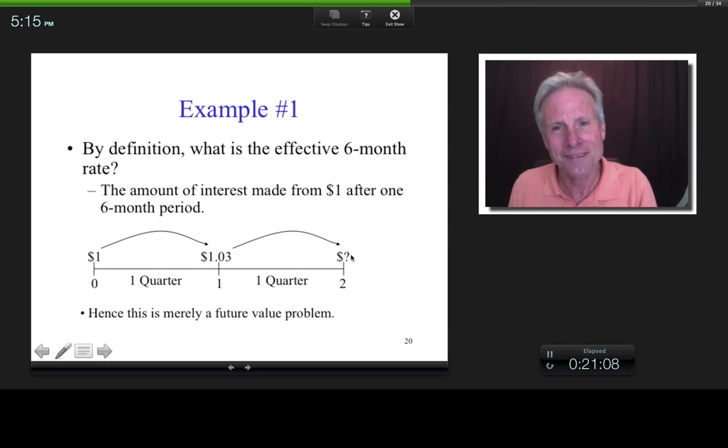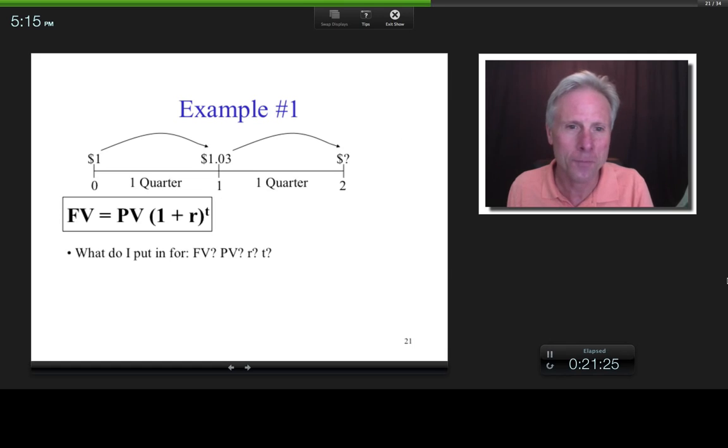We could, right? And that's our goal. We want to figure out the effective 6-month rate. So if the dollar grew into, say, I'll make something up, $1.08 after 6 months, then what would be the effective 6-month rate? 8%, right? I mean, that's not the actual number, but let's go ahead and figure it out.